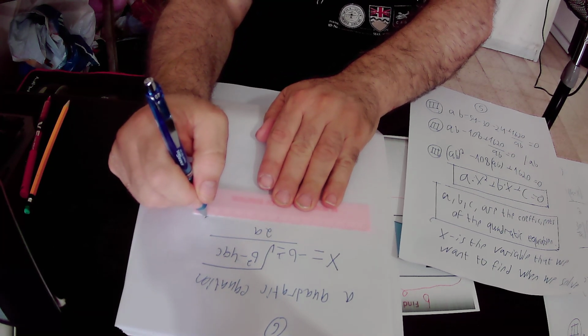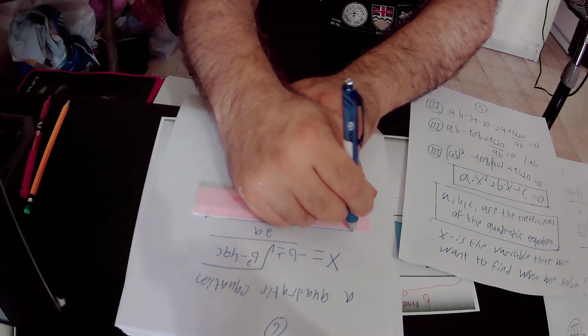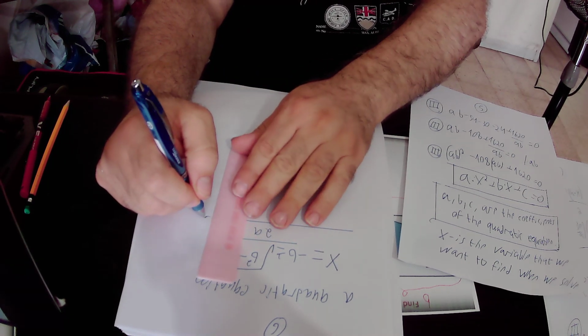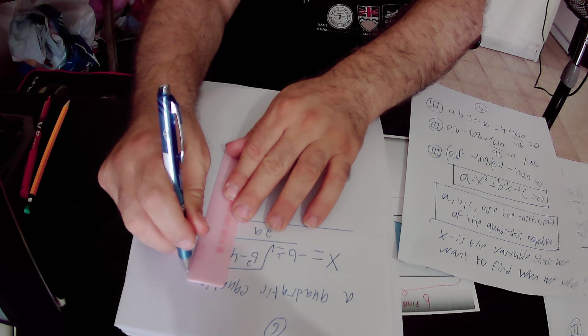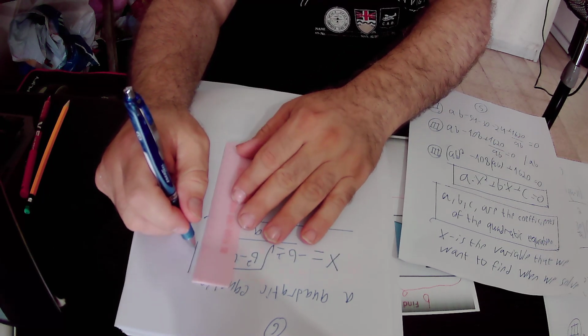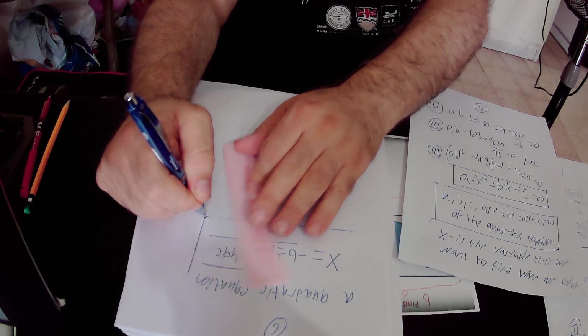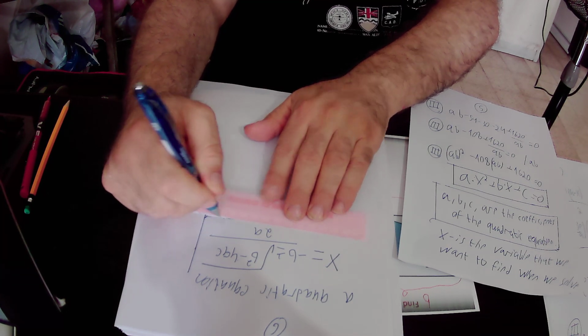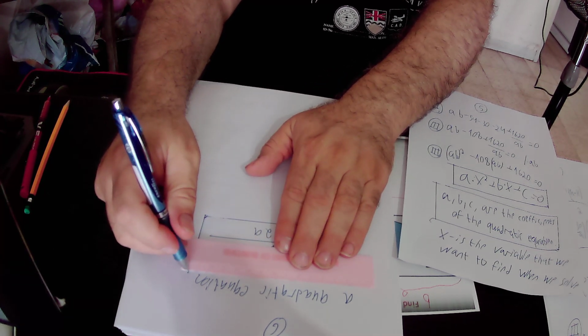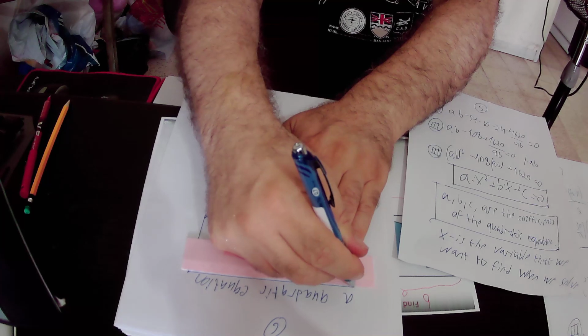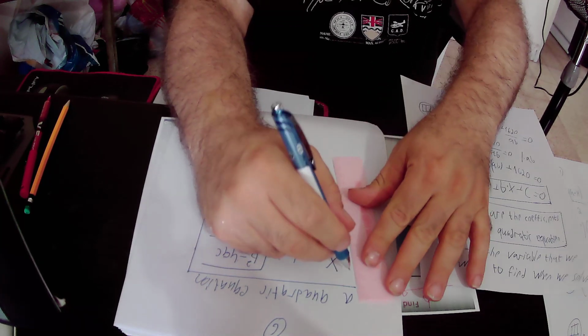Okay, as you can see, we have plus or minus, so it implies that we might have two different answers for x, or we will have two roots for the quadratic equation.